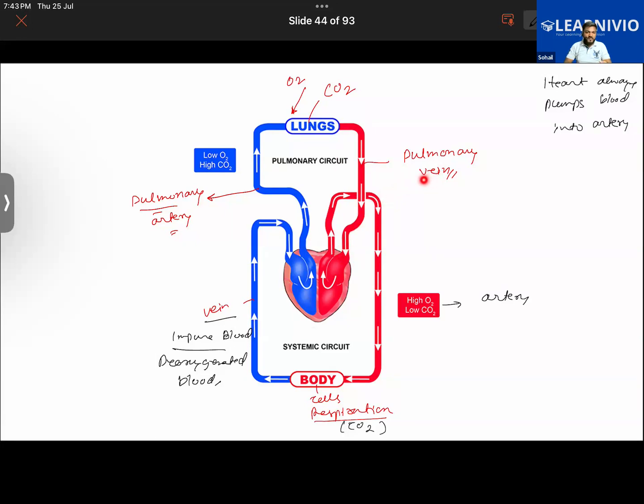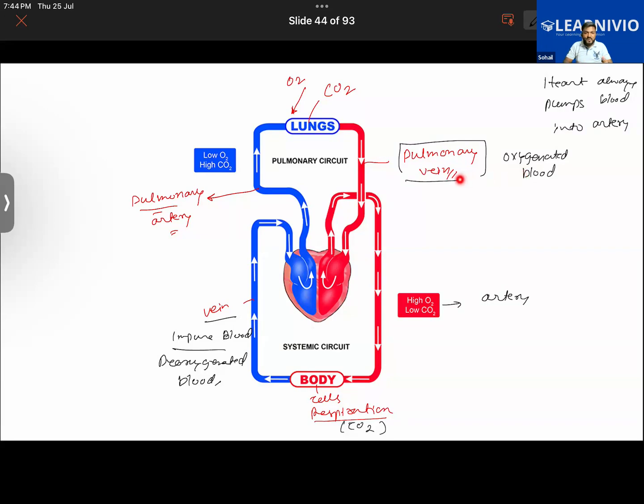Now, why is it a vein? In this vein, what kind of blood is flowing? It's oxygenated blood. When you inhale oxygen-rich air, that oxygen will go into this vein. So this blood vessel is being called the pulmonary vein, and it is carrying oxygenated blood.